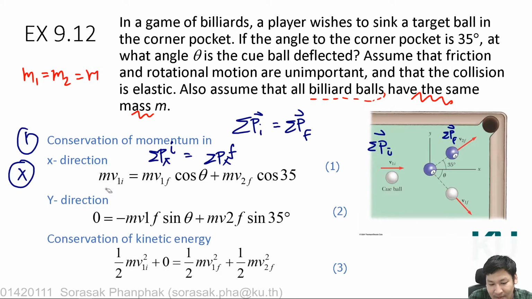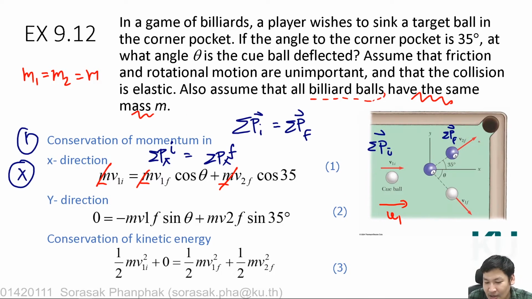That's why, rather than writing m1 and m2, you can write m instead, and finally the masses can cancel each other. That is what we stated from the initial condition already, which is v1i, or I write it as u1 here.